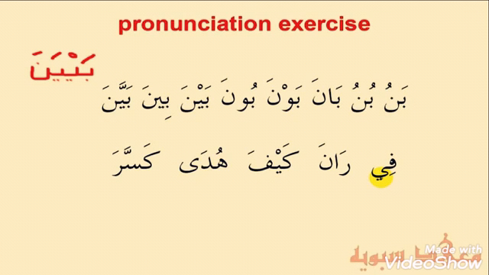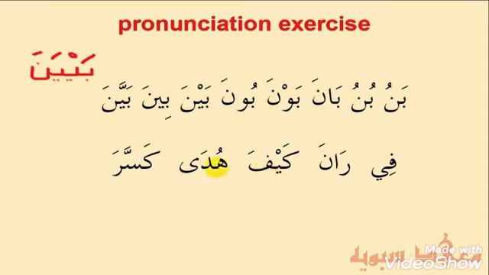Okay, next we have, and you notice here the long vowel as well, Rana. And Rana is a verb which means to cover in dirt or rust. Next word is Kayfa. Kayfa. Kayfa means how. So for example, if you meet somebody and say, Kayfa haluka, how are you?